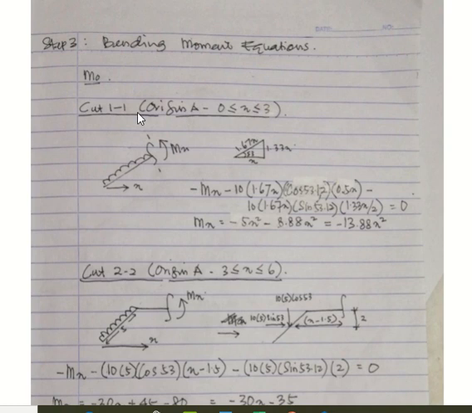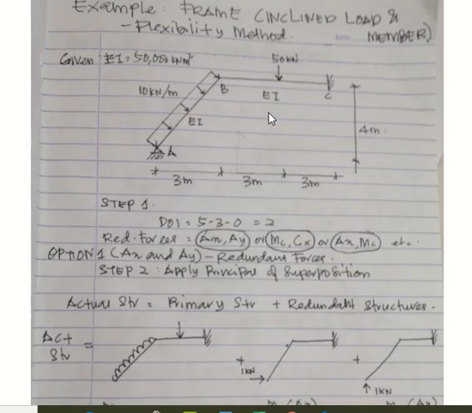So for cutting number 1, the limit is 0 to 3. It means I consider X in the horizontal direction, not following the inclined member. If I follow the inclined member, the limit is 0 to 5. You can do that, but for this solution, I choose X from 0 to 3.